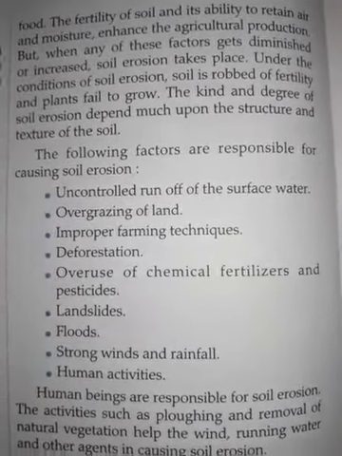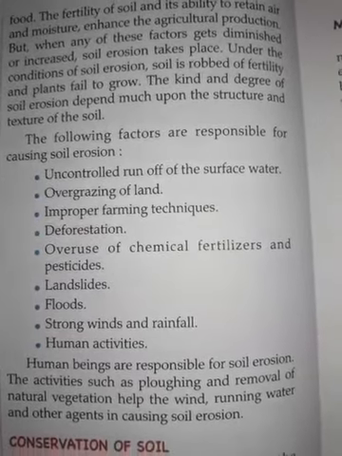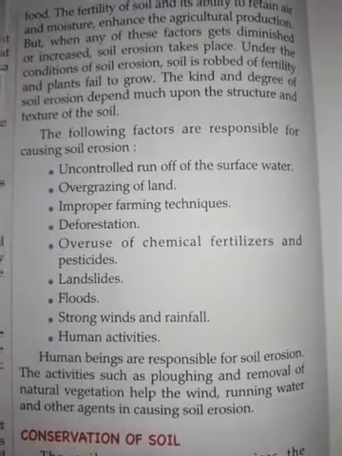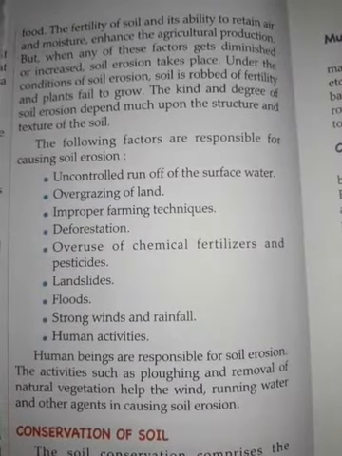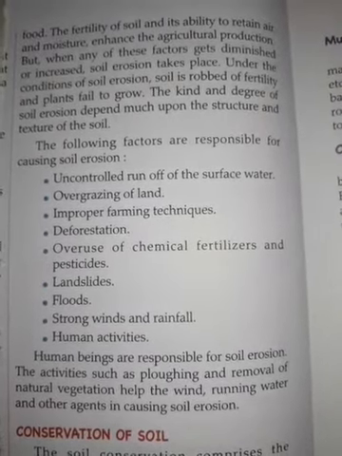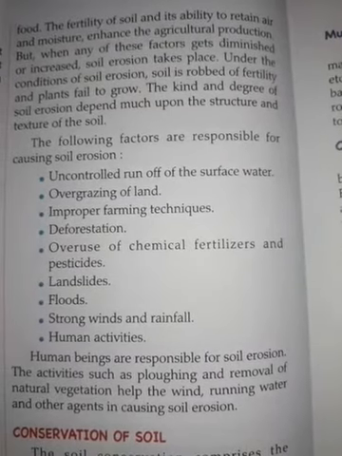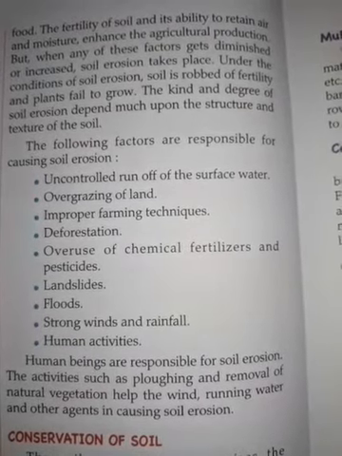So due to that, and also not putting manure in the soil, the soil becomes loose, and the different agents of soil move the soil from that region, and soil erosion is caused.